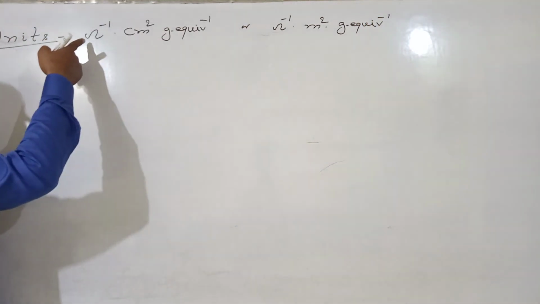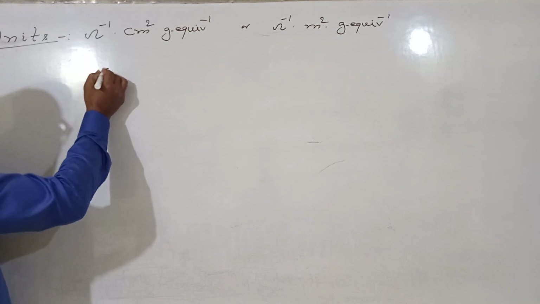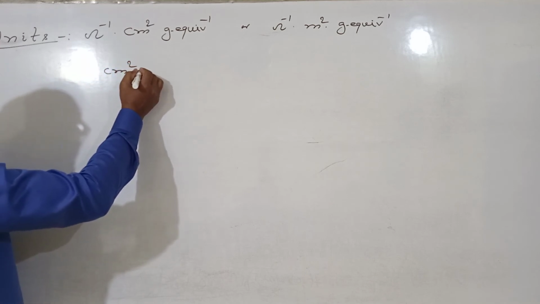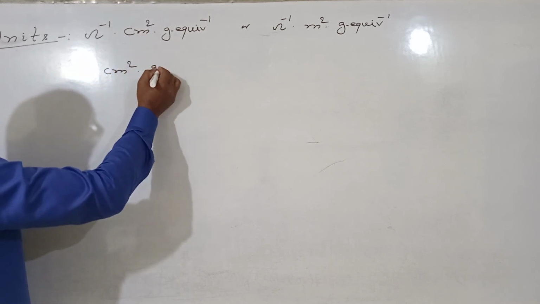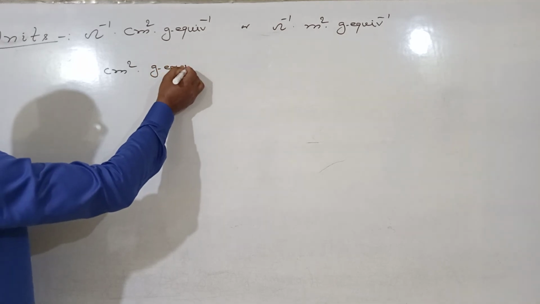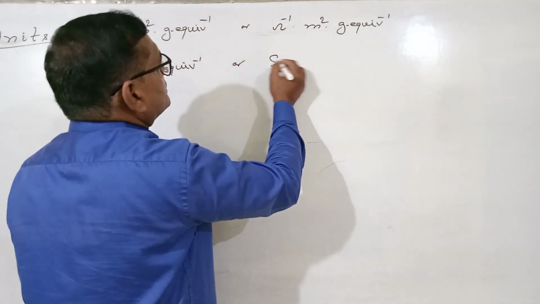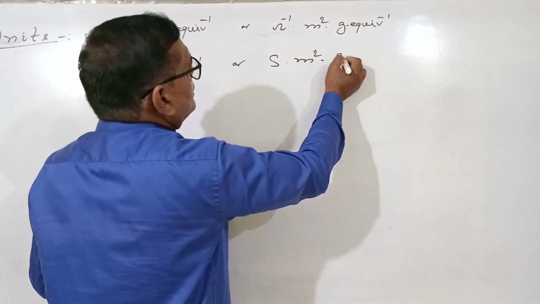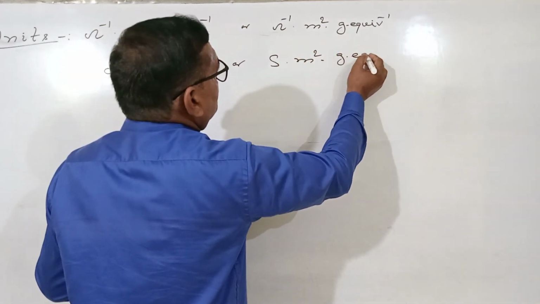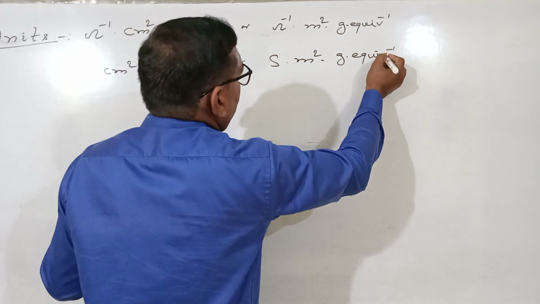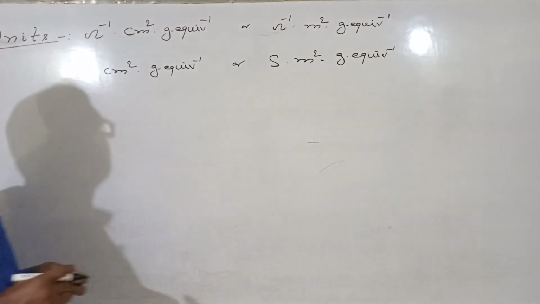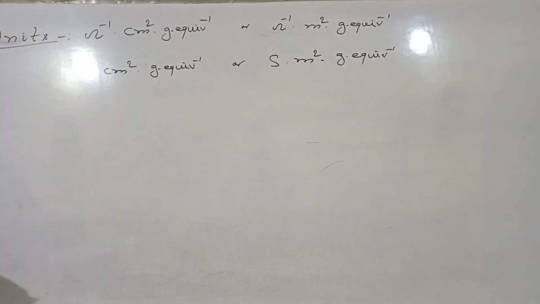We write in Siemens cm square gram equivalent inverse. Here we write Siemens meter square gram equivalent inverse. These are the units of equivalent conductivity.